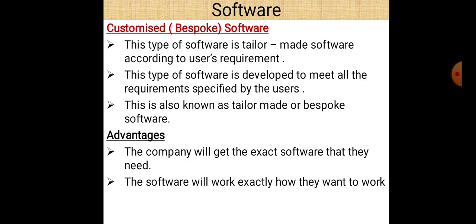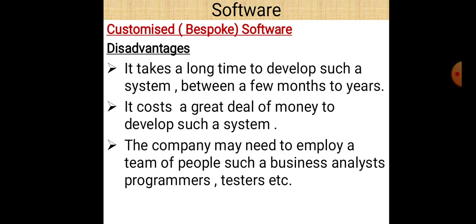A few advantages are there. First of all, the company will get the exact software that they need, and the software will work exactly how they want it to work. Disadvantages are also there. First of all, it takes a long time to develop such a system.